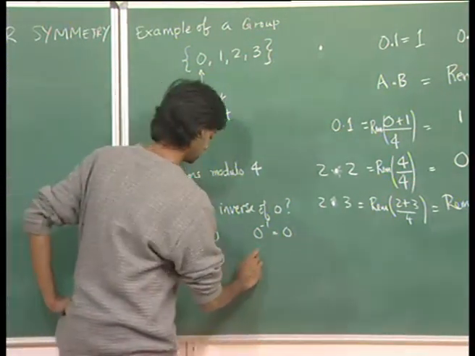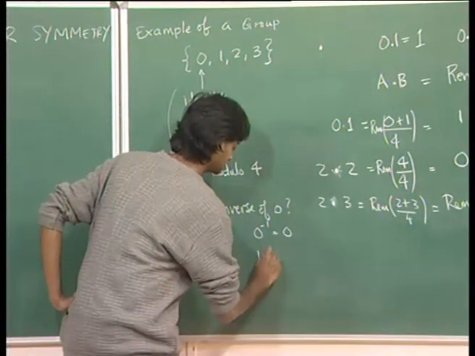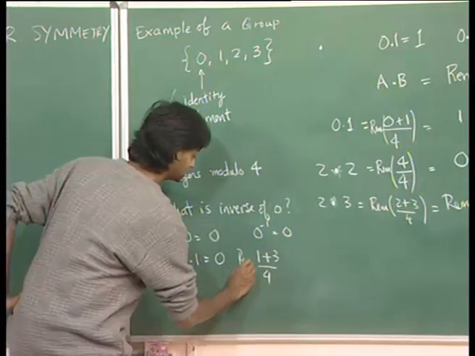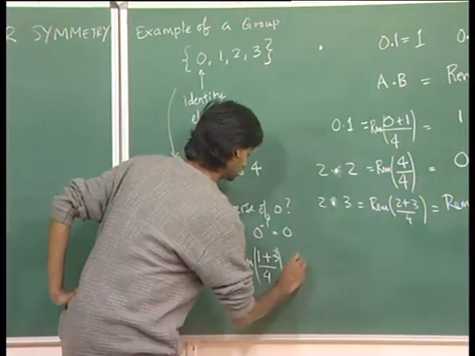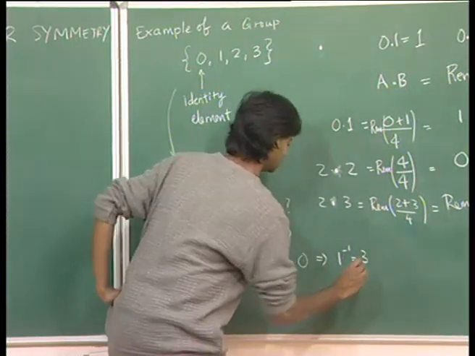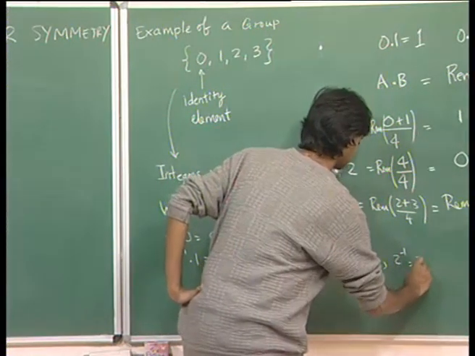So clearly now you can see that 1 plus 3 modulo 4, the remainder of that, is equal to 0. So this implies 1 inverse is equal to 3, and you can also see that 2 inverse is equal to 2.